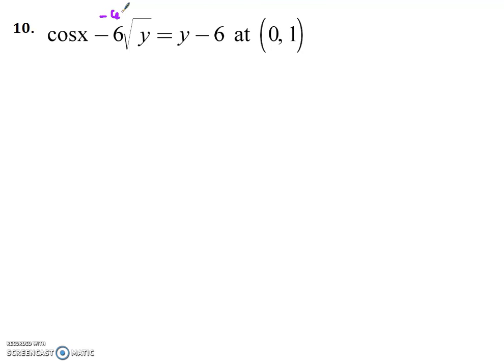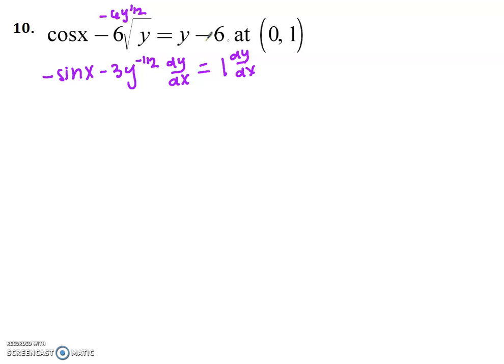So I'm going to go ahead and rewrite this root. So then I'll go term by term. Derivative of cosine is negative sine. This would be minus 3y to the negative 1/2 dy dx. This would be a 1 times the dy dx, and the 6 will just go away.